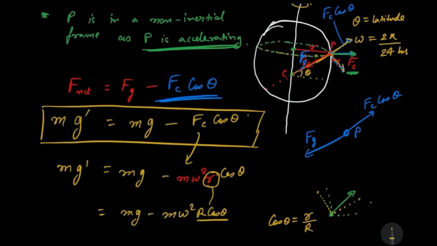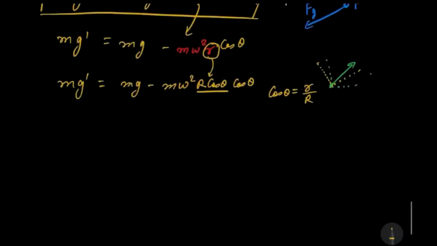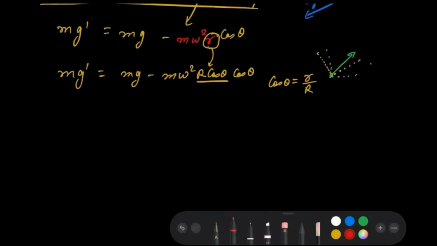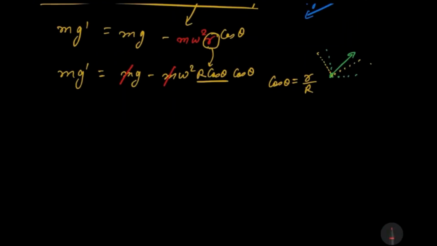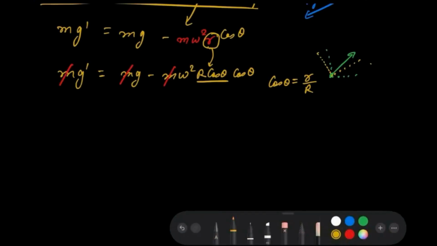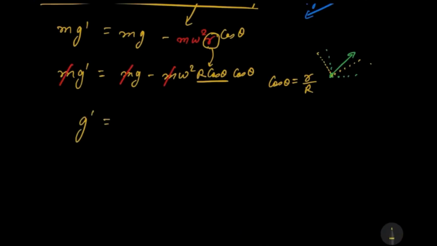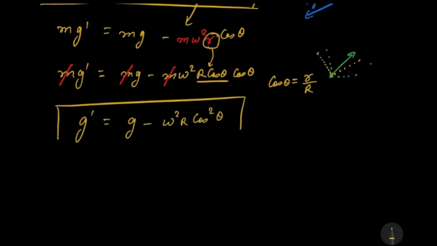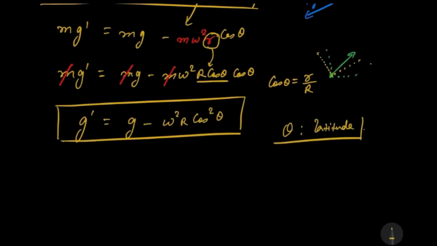This is just for this r, and then there was another cos theta there. So this is how you arrive at this equation, that g dash is equal to g minus omega square R cos square theta, where theta is the latitude and omega is the angular velocity.